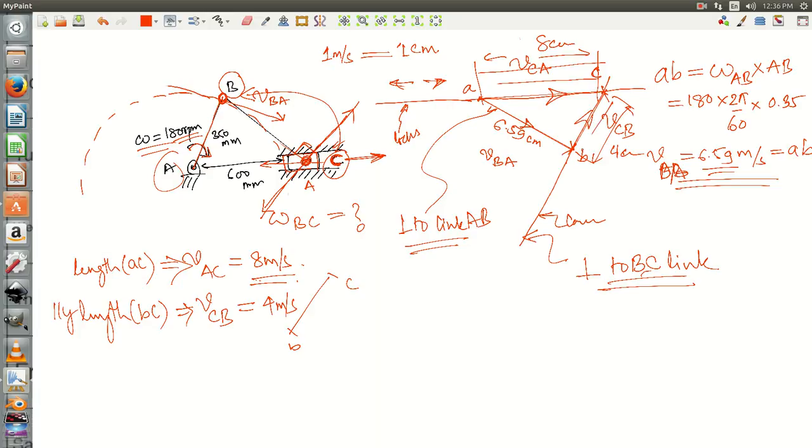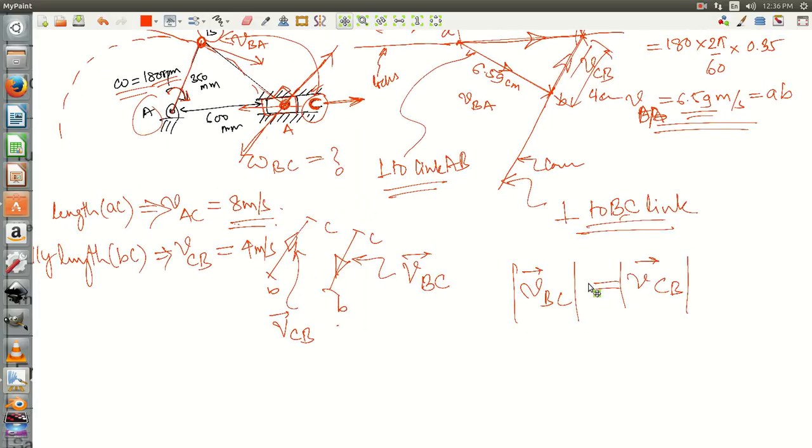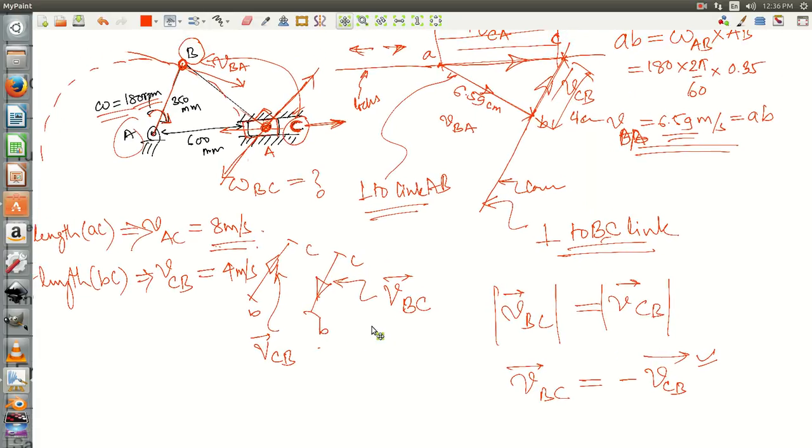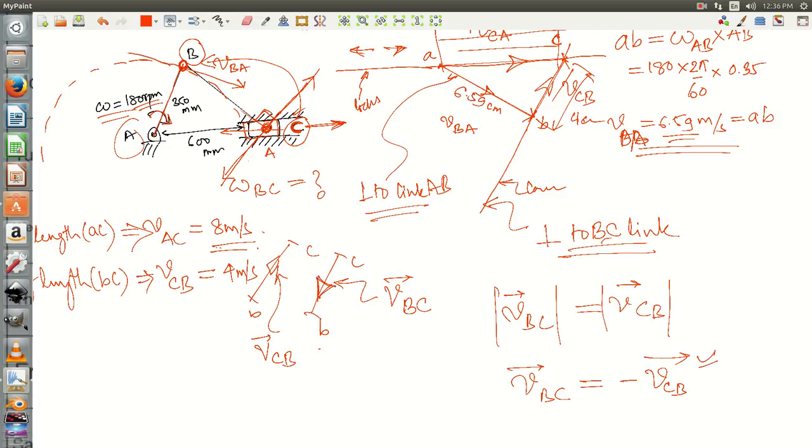Note that if we interchange the direction of BC, so that this is B and this is C, from the downward direction, this will represent the velocity of point B with respect to C, whereas this will represent the velocity of C with respect to B. There is no change in the magnitude, but the direction of the velocity of B with respect to C will be opposite to the velocity of C with respect to B. In the earlier video we explained that whenever we draw the direction, the final point is the point of observation from the frame of reference, which is the initial point.